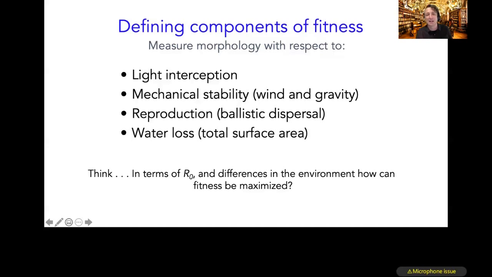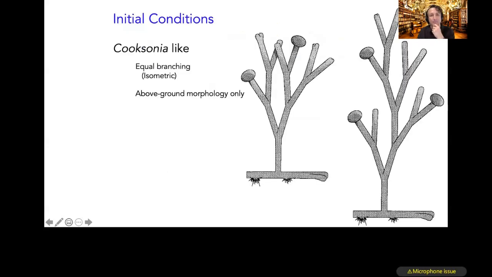Highly competitive environments will select for increases in your reproductive ability or increases in light interception. Different environments are going to be shaping fitness values, or R0, and the phenotypes with the highest fitness will win and persist.